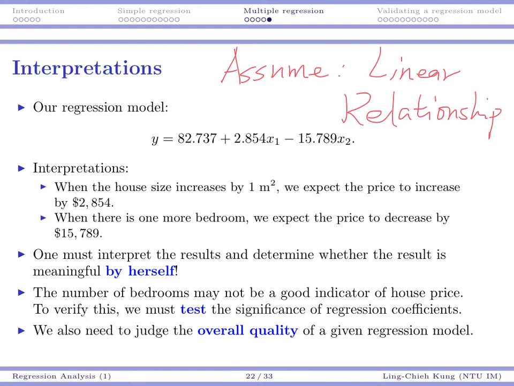So whenever we get the regression output, we need to interpret the result and determine whether that result is meaningful by ourselves. This is always what we as decision makers need to do. Calculating these numbers can be done by the software, but we need to decide whether we want to do this and whether this result is meaningful or useful.